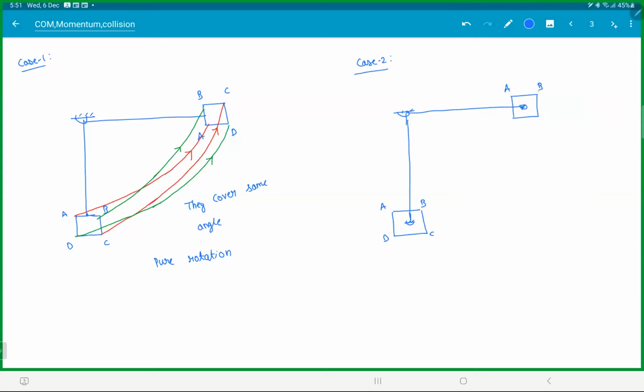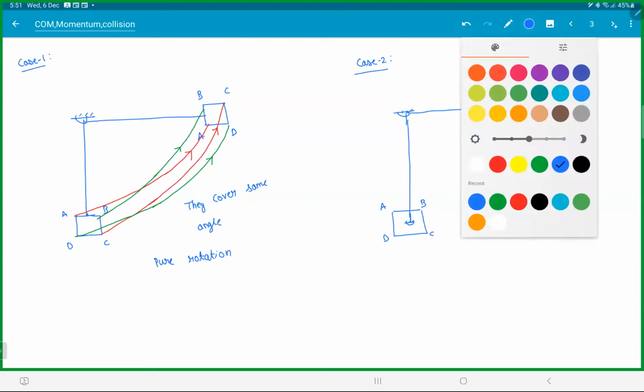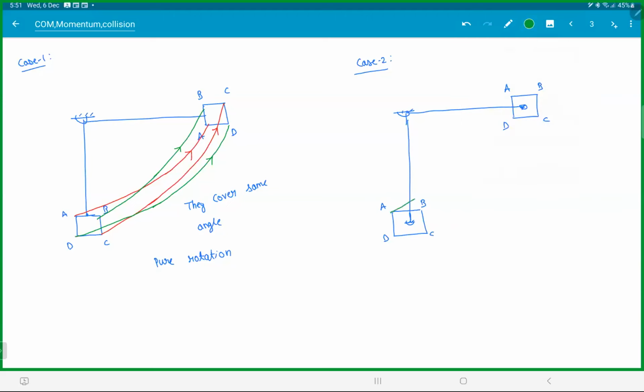This will also be A, B, C, D only, no? That is the meaning of a hinge. It is always free to rotate about the center. It will always orient in the same way. So if you look at the paths here, this is A, this is B, this is C. Can you see? They are equal parallel paths.